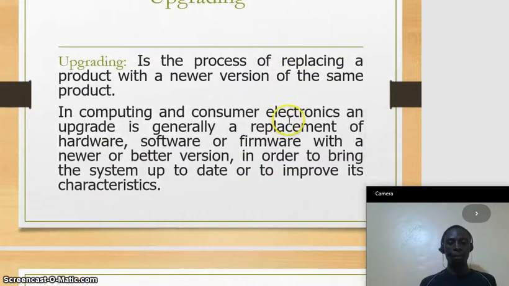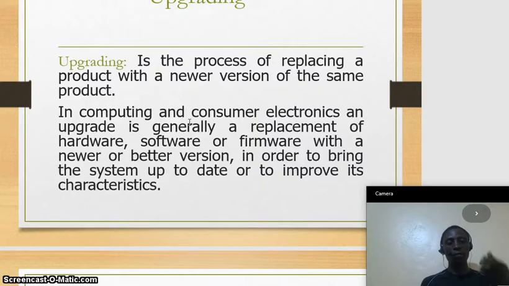Okay, so in computing and consumer electronics, an upgrade is generally a replacement of hardware, software, or firmware with newer or better versions in order to bring the system up to date, or to improve its performance or its characteristics.